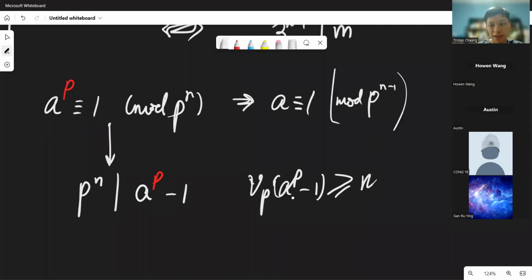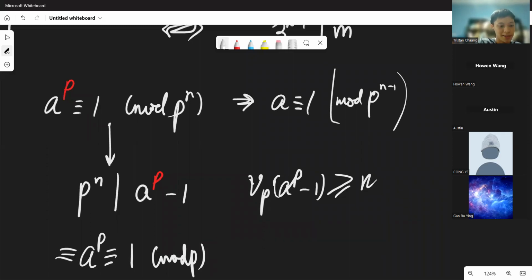We can talk about a mod p, and the answer to that is Fermat's little theorem. So if you take this thing mod p, a to the p is equal to 1 mod p. So let's not take p to the n, but let's take p. By Fermat's little theorem, this is just a, isn't it?